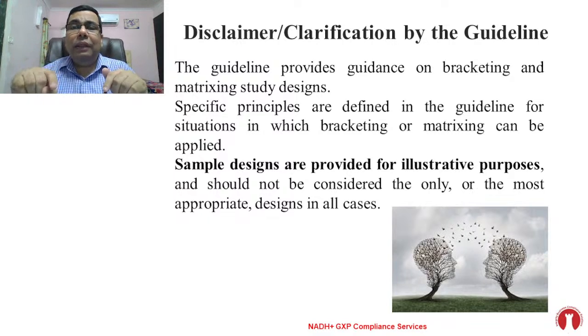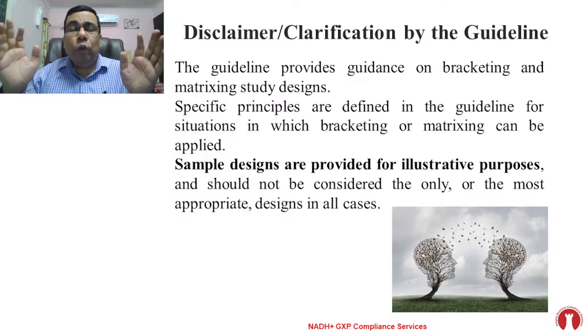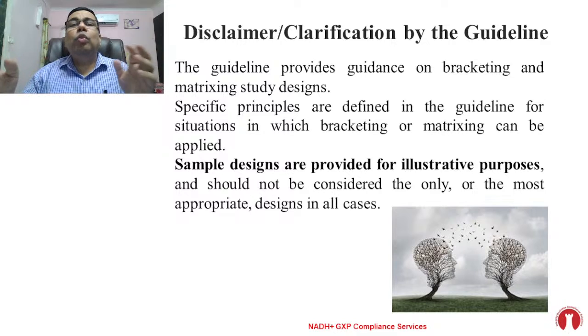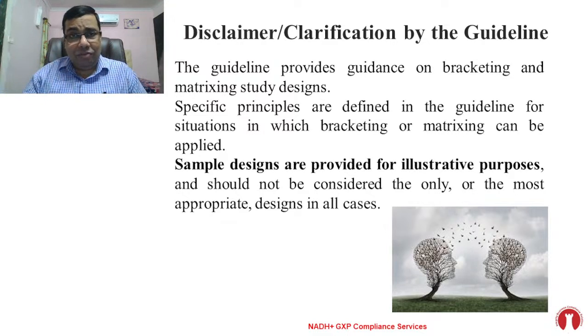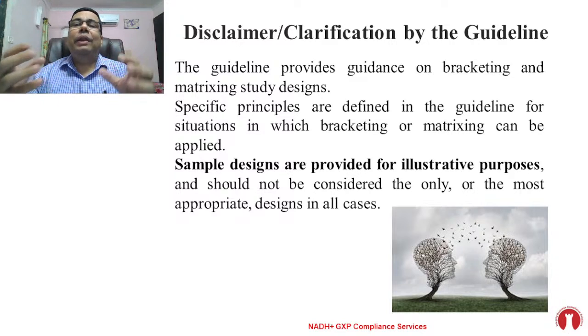But the very important thing is, whatever design examples are given, these are for illustrative purposes. So you should not directly copy and paste. It may not be suitable for all cases. You need to evaluate and then implement at your end. That is the clarification provided by the ICH Q1D guideline.